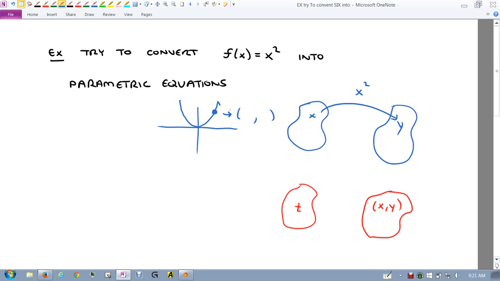What if the x coordinate was 2? What would the y value be? 4. If it was 3, it would be 9, right? So what if the x coordinate is x? What's the y value? X squared. Do you agree? The x is the x coordinate. The y is the x squared.